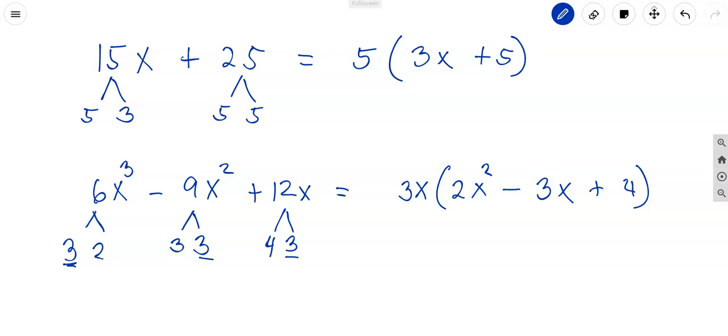Okay, let's try more examples. For example, we have this one: 24x squared minus 52y. Okay, let's say we just change it to 52x and then plus 24.